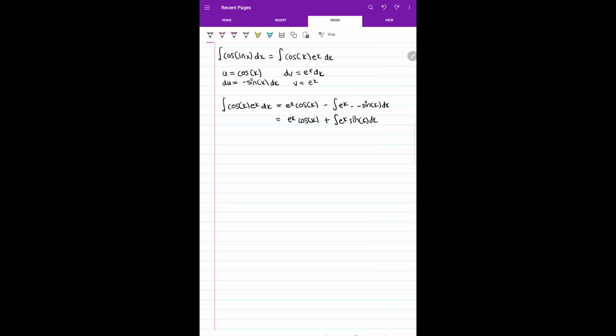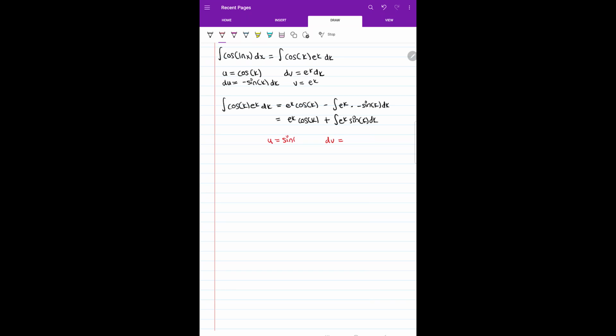So again, this whole integral of cosine k e to the k dk is going to be equal to, actually I'm not going to write that yet. Let's pick our u and dv. Now what I meant earlier was, if you pick u to be a trig function, then please pick u to be the trig function here.